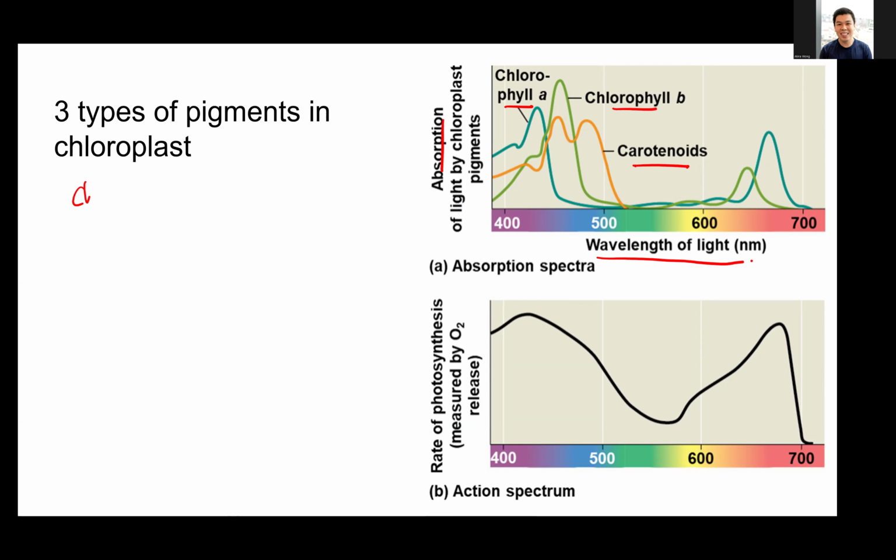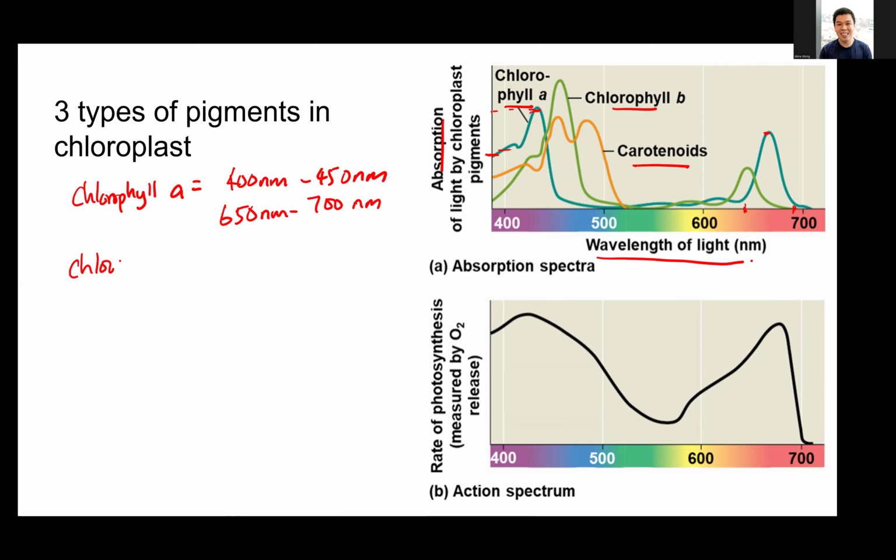Notice that chlorophyll A has absorption levels, as seen on the y-axis, that are really high around 400 nanometers to 450 nanometers. Then it has some absorption somewhere around 650 nanometers to 700 nanometers.